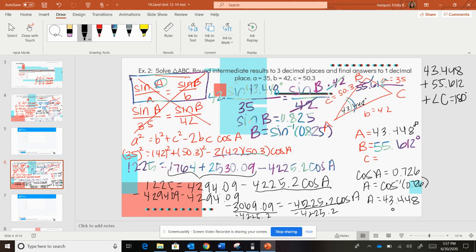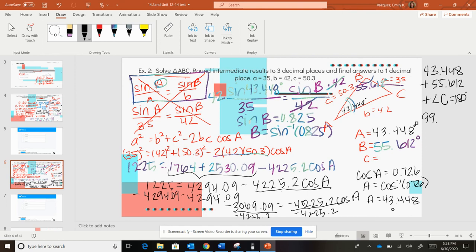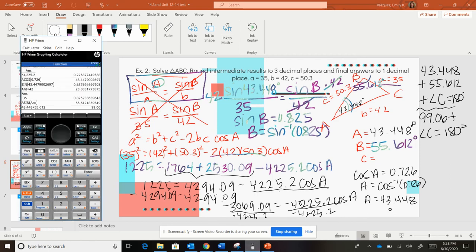So let's go ahead and add those two together. 43.448 plus 55.612 equals 99.06, plus angle C equals 180, right? Then I'm going to subtract 99.06 from both sides. So 180 minus 99.06.